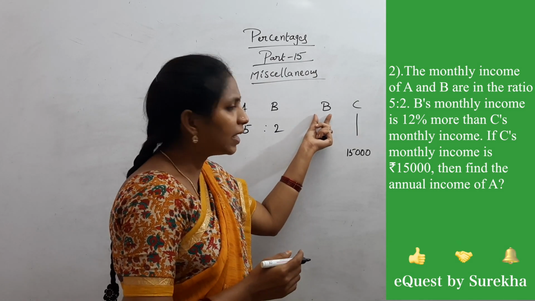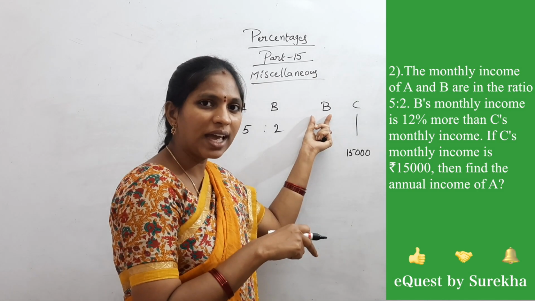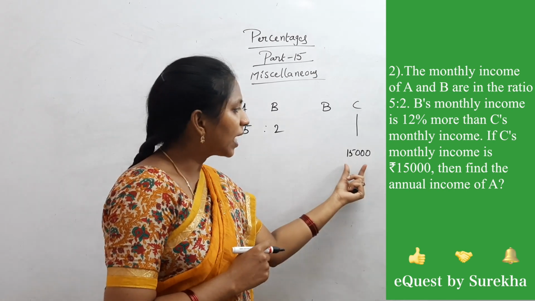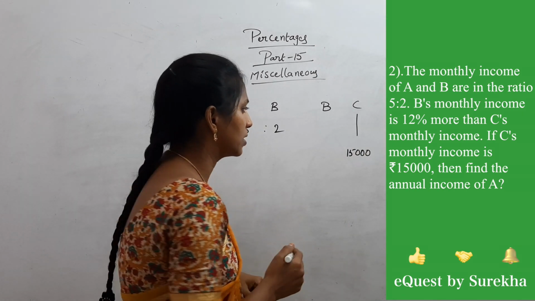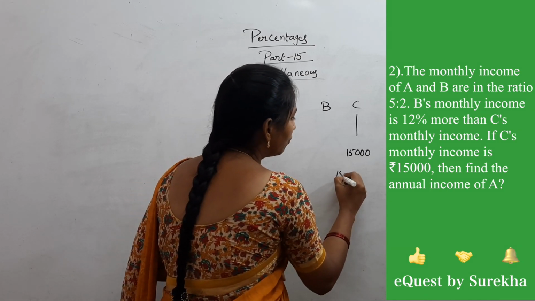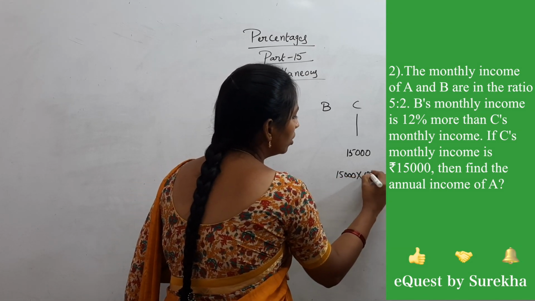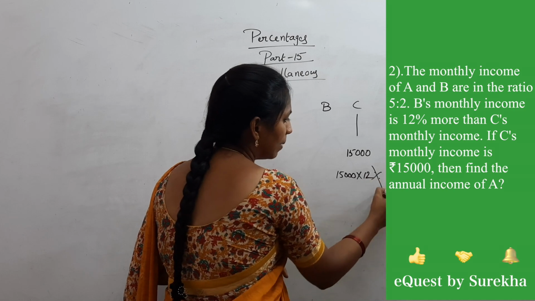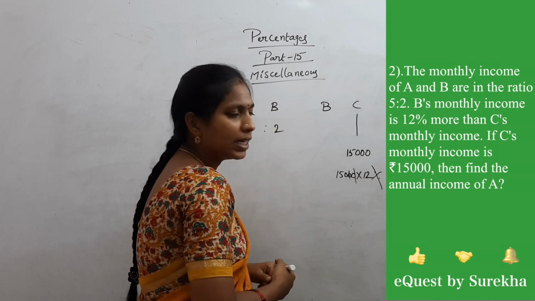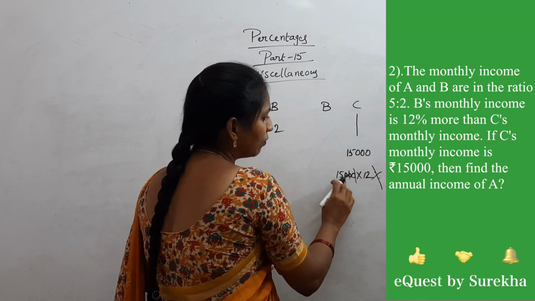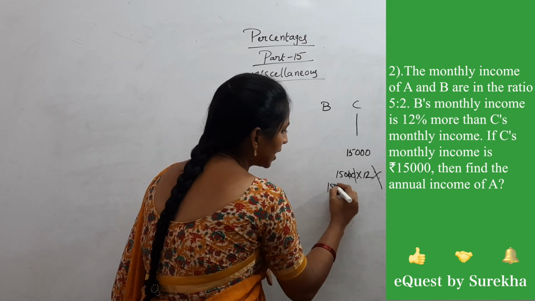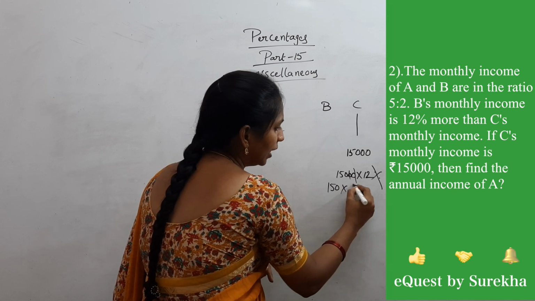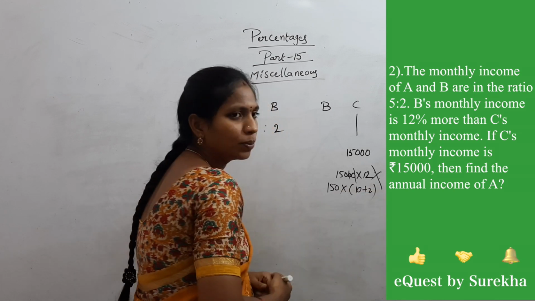Then B's monthly income is 12% more than C's monthly income. So calculate 12% on this 15,000 rupees. 15,000 into 12 percentage, percent 0 gets cancelled, and here 150 into 12. For easy calculation, 150 into 10 plus 2.